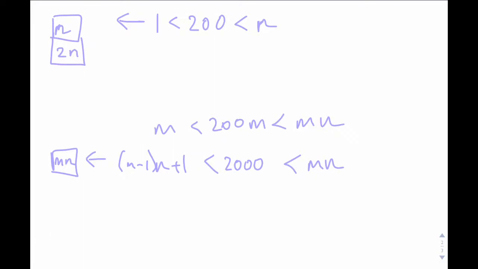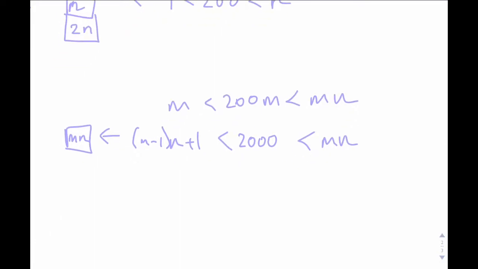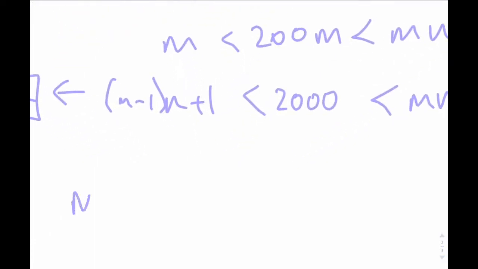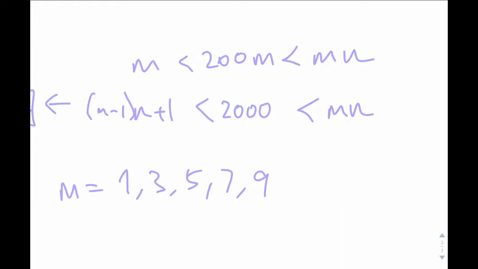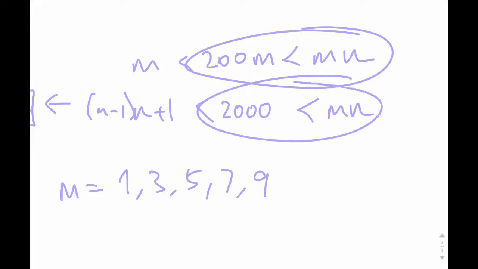So when we do this, it's immediately clear that m has to equal 1, 3, 5, 7, or 9, because if m is any greater than that, then we have a contradiction between these two.